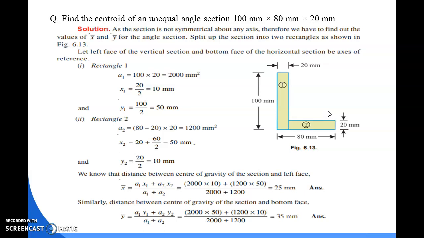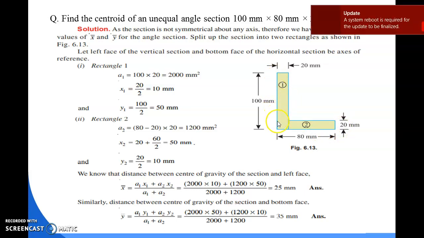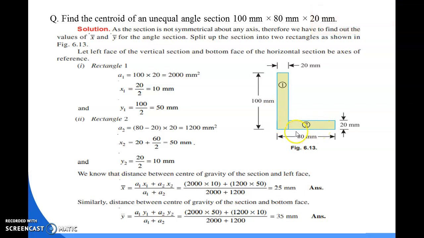So as per the figure, you can see the leg of the angle section or L section is different. So that's why it is known as unequal angle section. The vertical leg dimension is 100 mm. The horizontal leg dimension is 60 mm. This one.